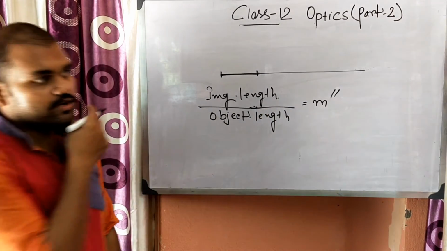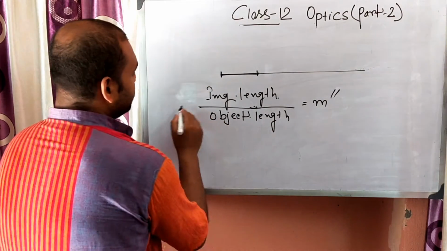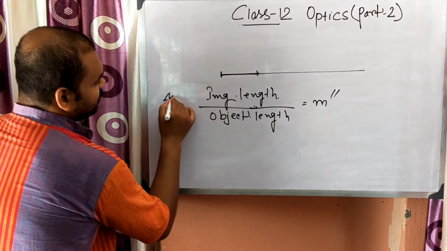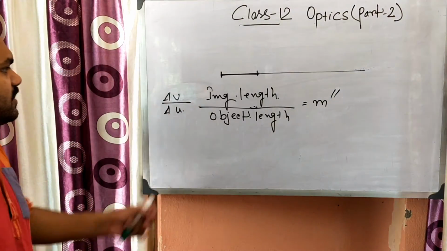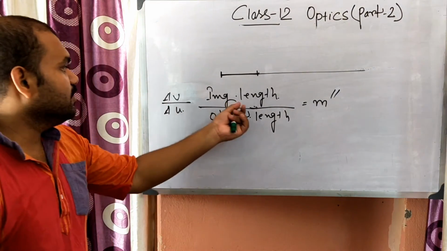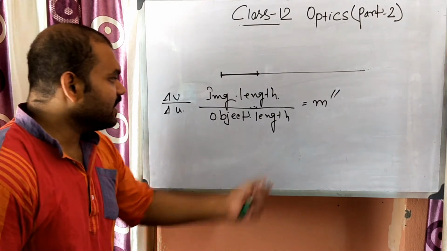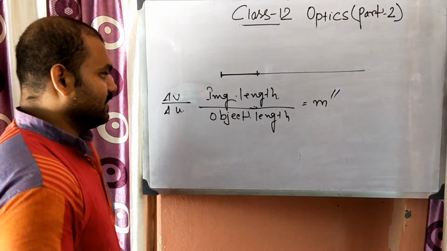So in case of longitudinal magnification, it will be del v by del u. Del v by del u means change in image length by change in object length.